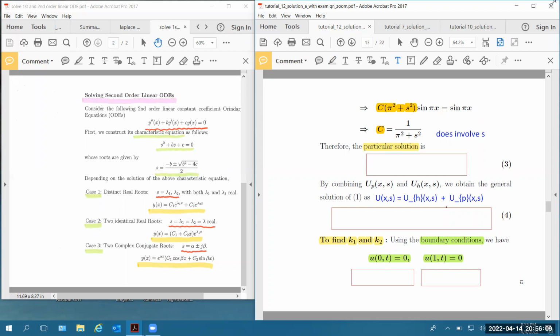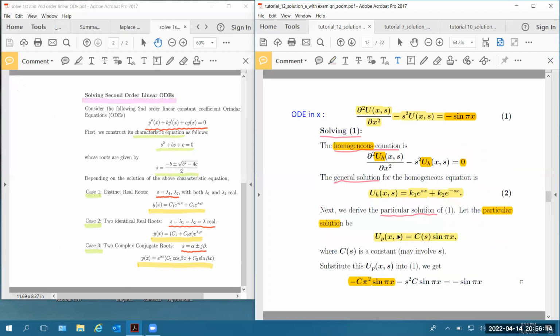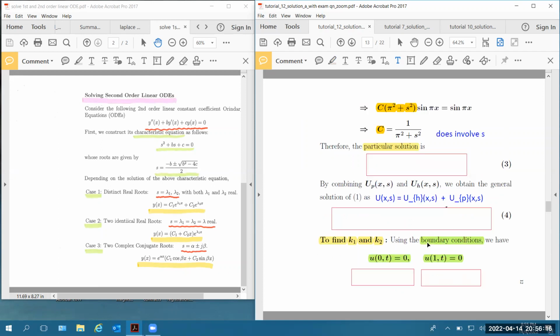Now with this C, you put it into your particular solution. So now your particular solution is like this, and you have got the particular solution already. What I'm going to do now is get the general solution of the ODE.